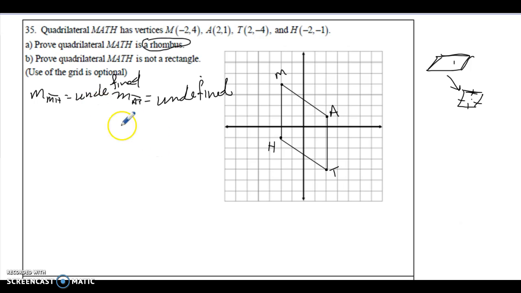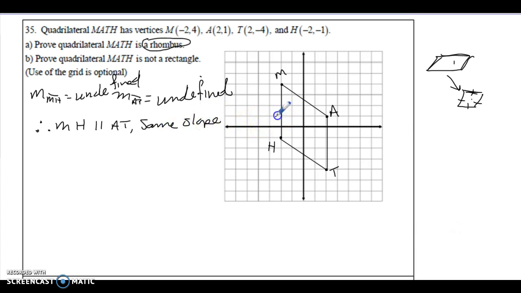Since they both have the same slope, I would say that MH is parallel to AT. We usually use these three little dots, meaning therefore or in conclusion, and I know this because they have the same slope.